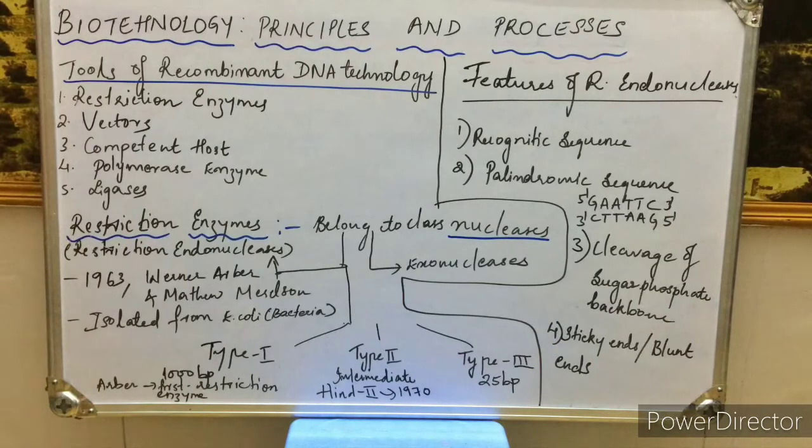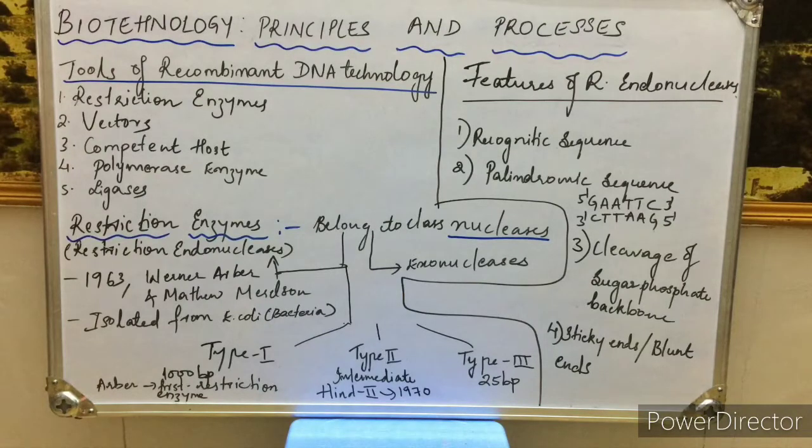What do you mean by endonucleases? The major difference between restriction endonucleases and exonucleases is that restriction endonucleases are the enzymes that are going to cleave the DNA sequence in between or internally.